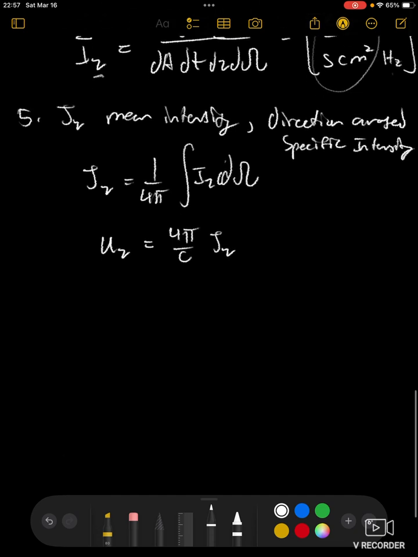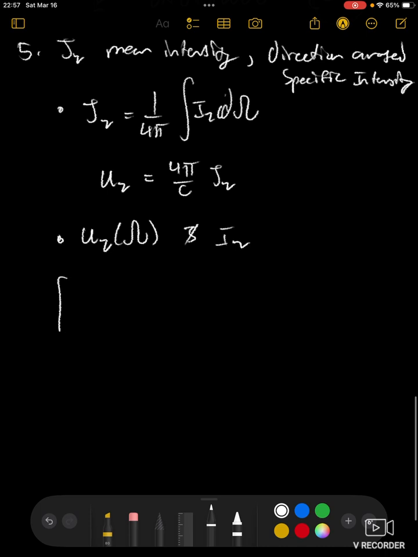Why is that? Well, that is because I need to talk about the relation between energy density and I nu. So we know that this is going to be equal to the energy density in hertz.